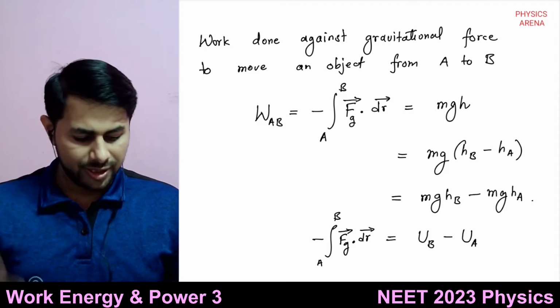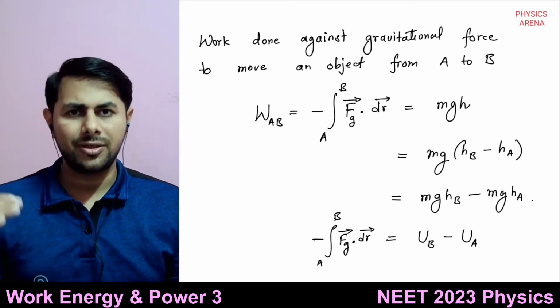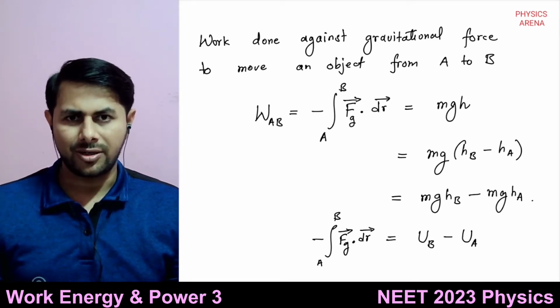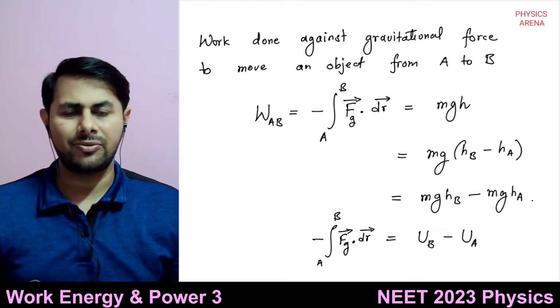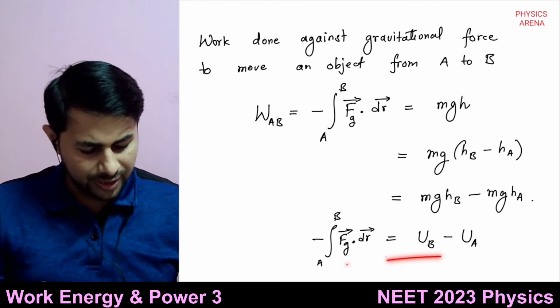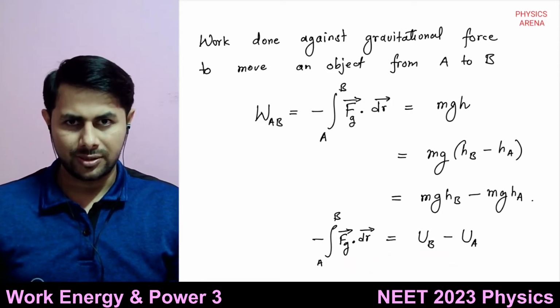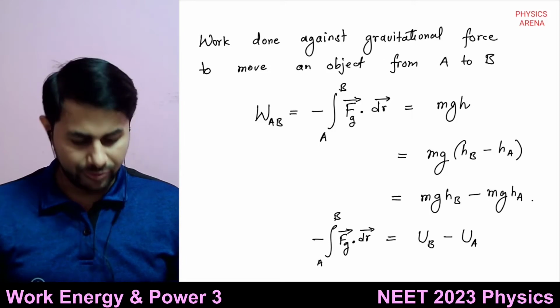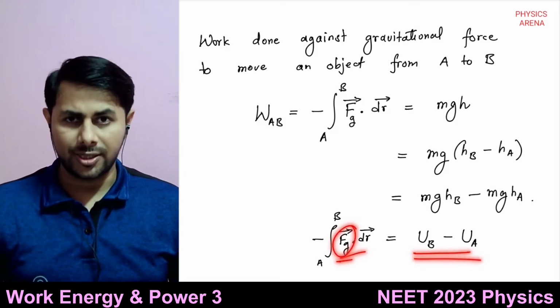So it is true for all conservative forces that the work done depends only on start point and end point. It does not depend on the path followed. So this result will be true for what? All kinds of conservative forces. So this is the relation between work done, or you can say conservative force, and potential energy.